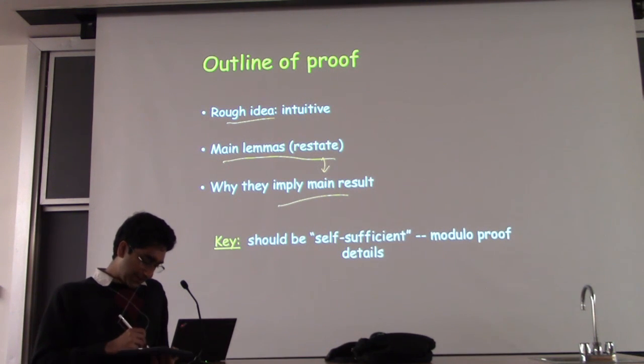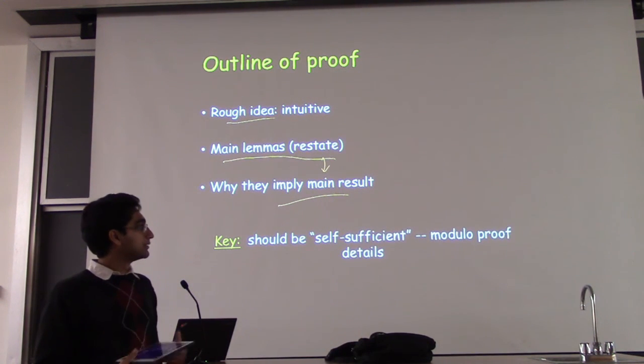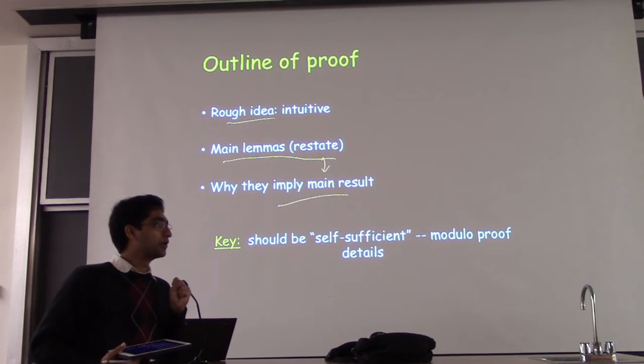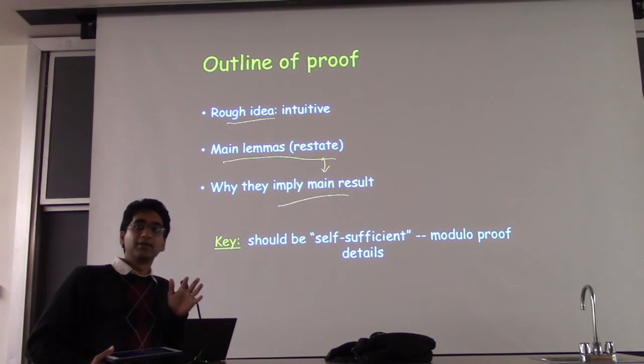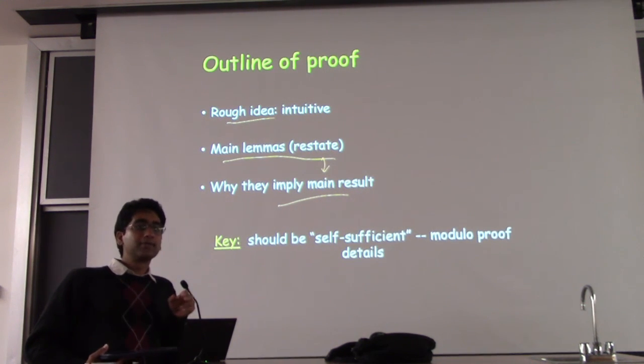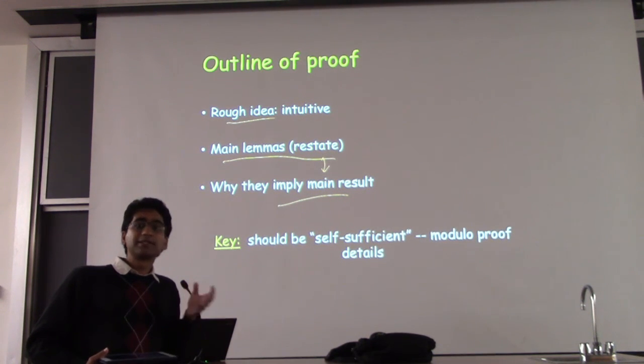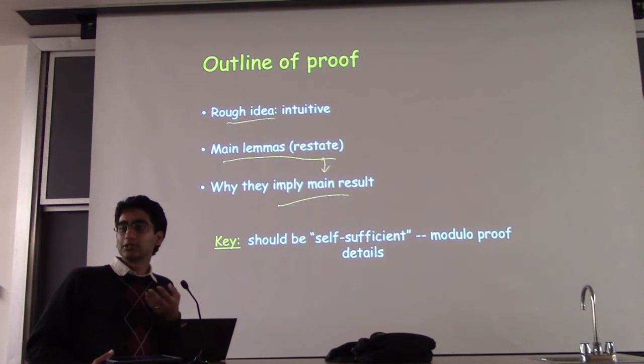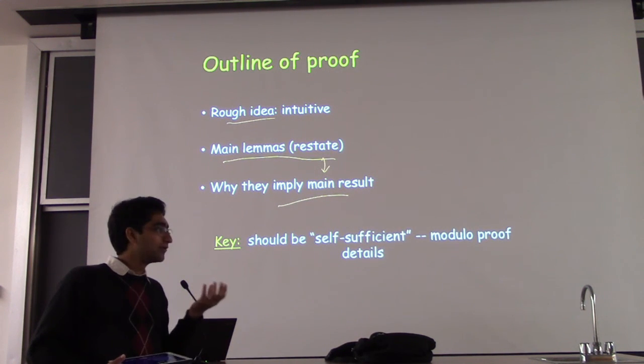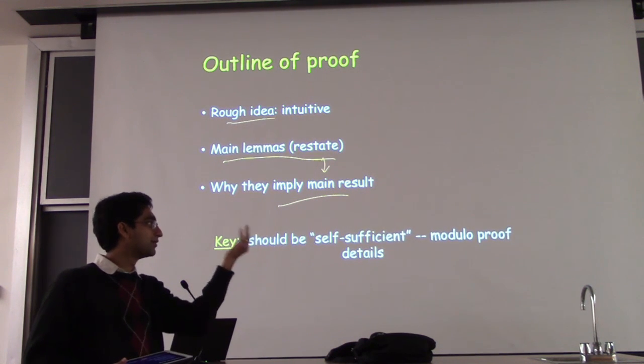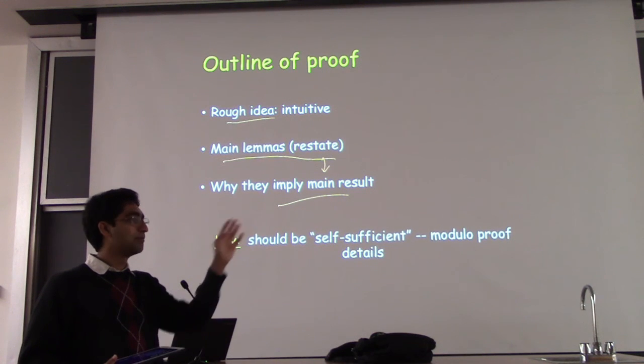One thing you should remember is that the write-up that you produce should be self-sufficient, in the sense that you shouldn't refer to lemma such and such in the original paper. If you are referring to something, just restate the main lemmas.